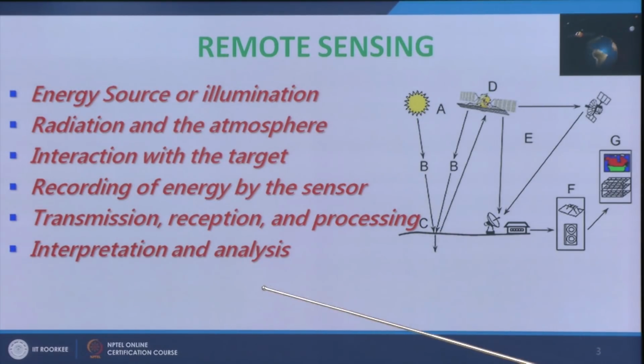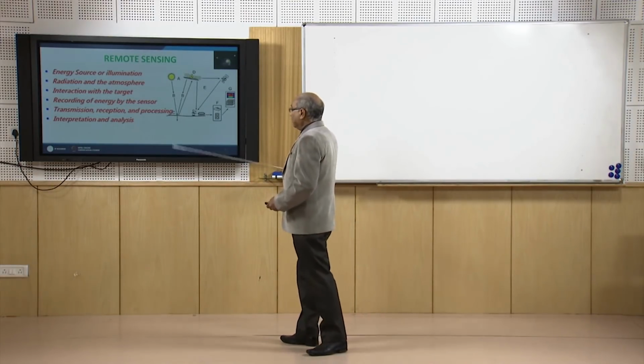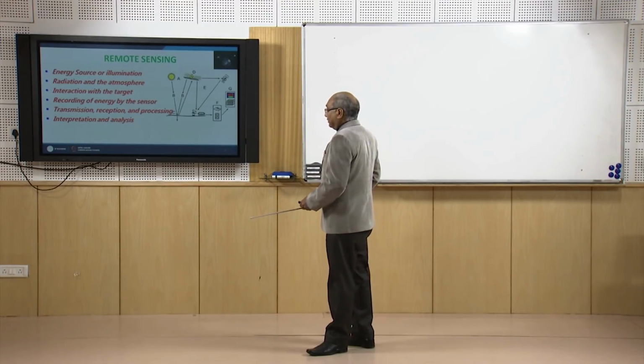And of course interpretation and analysis are very important, because a lot of data is available nowadays, but not much analysis or interpretation is being done. New innovations are always required. Integration with other data sets is also required while doing interpretation and analysis. So this basically covers the entire remote sensing in a nutshell.